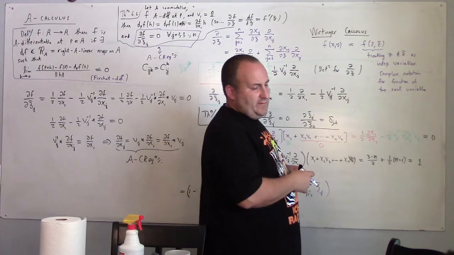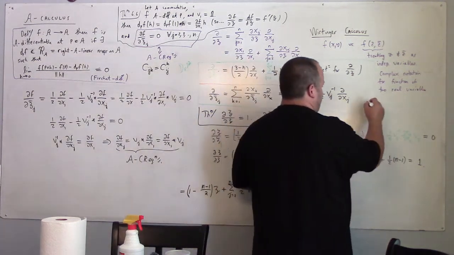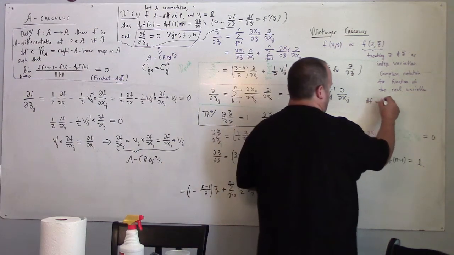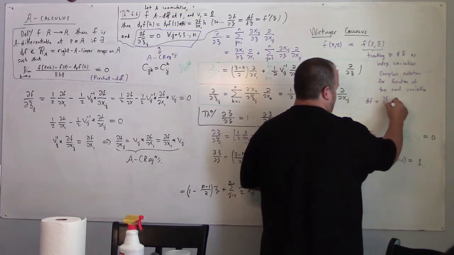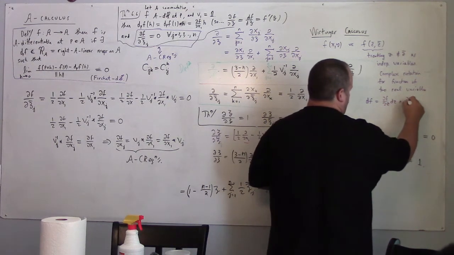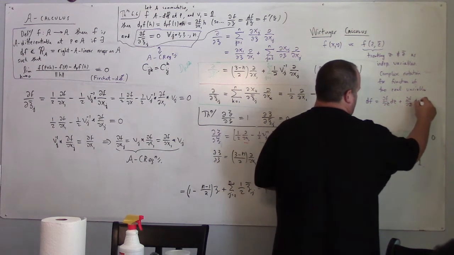And so, for example, you can write stuff like df is partial f partial z dz plus partial f partial z bar dz bar.